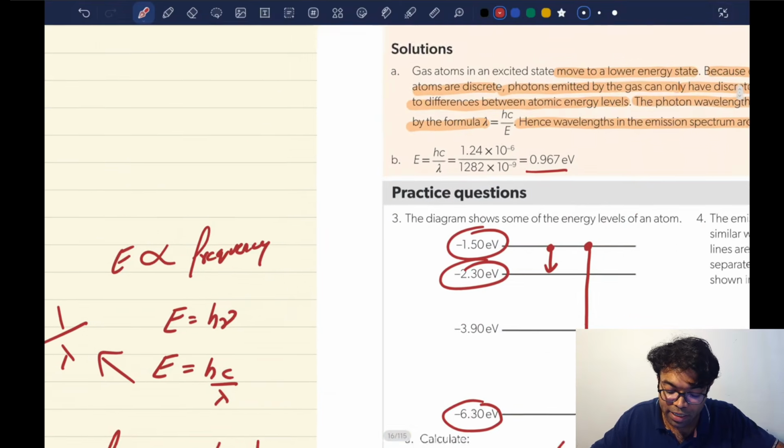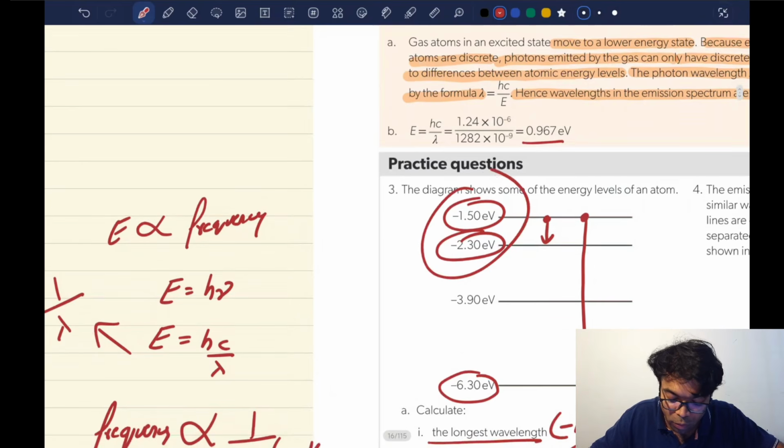So you calculate the difference between these two. What do you get? Yeah, 0.8.